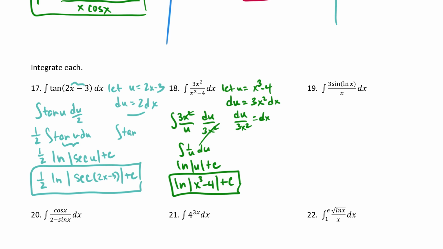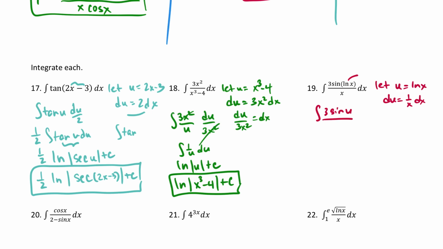All right, taking a look at this next one, I have an x on the bottom, 3 sine ln x on the top. So let's go ahead and go to our substitution rule. We're going to let u equal ln x. I'm picking just that one for this problem, and you'll see why in a minute. And du will be 1 over x dx. So substituting this in, I'll have the integral of 3 sine of u, and that's why I did that.